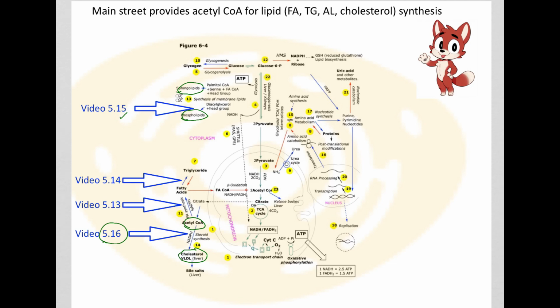Since a lot of this lipid synthesis requires NADPH, in the last video, video 5.17, we talked about the HMS, the hexose monophosphate shunt pathway, or the pentose phosphate pathway, and this is the pathway where we get most of the NADPH that is required, especially for the synthesis of lipids.